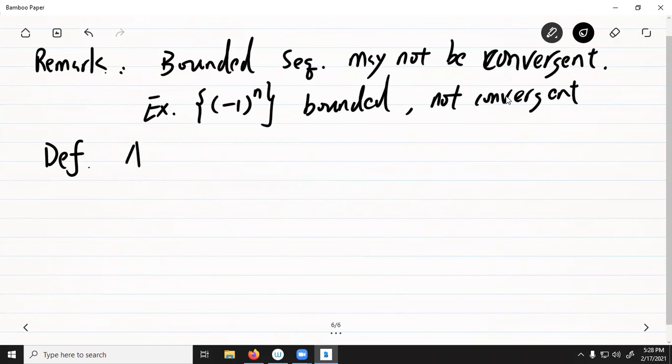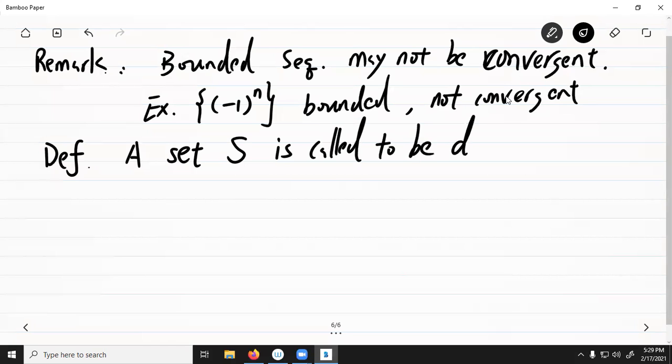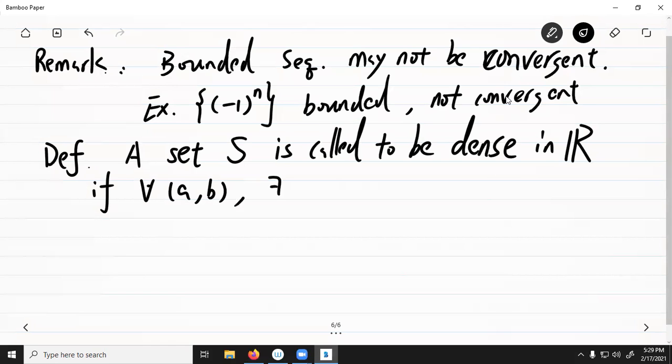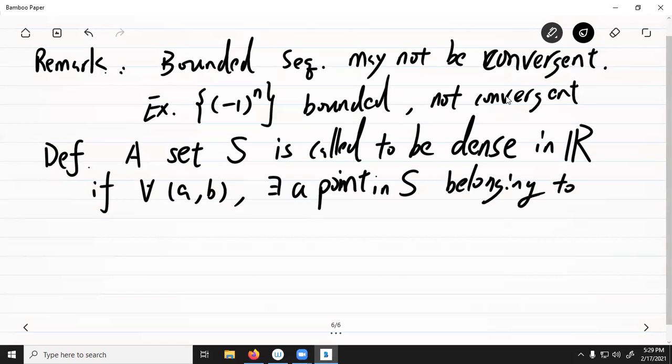We say a set S is called dense in R if for any interval (a, b) there exists a point in S belonging to this interval (a, b).